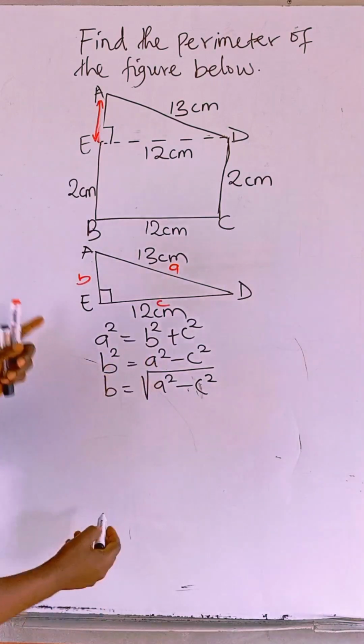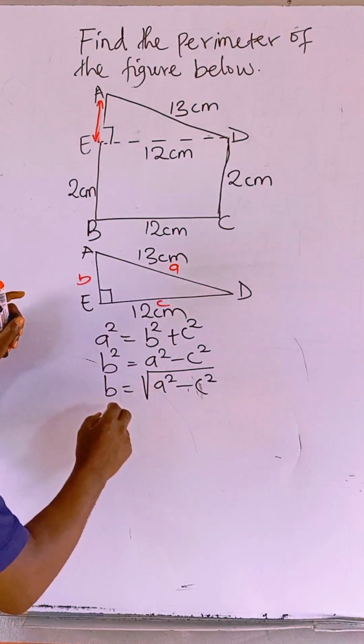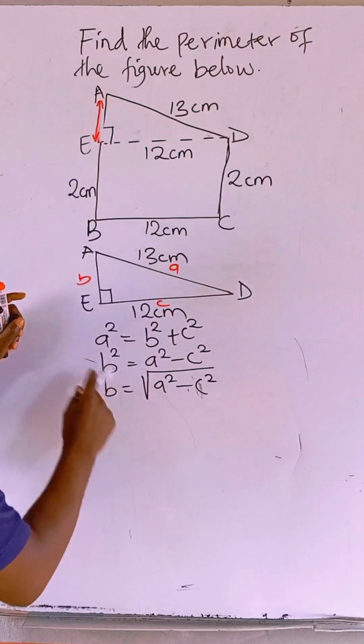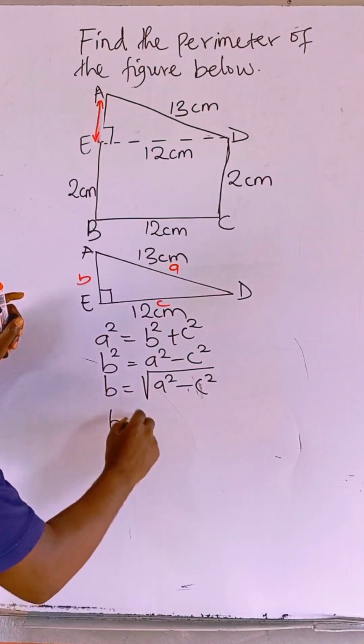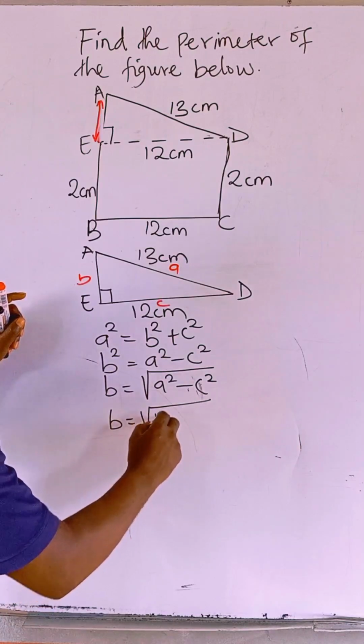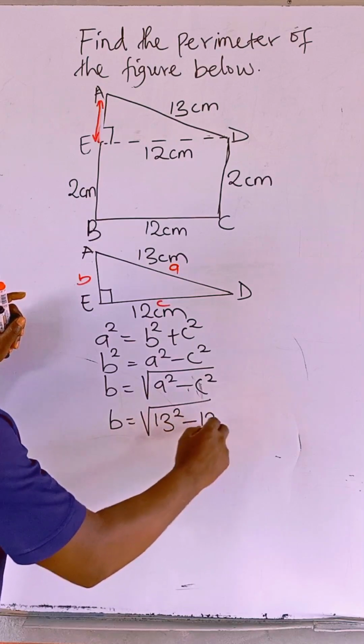So we substitute: B equals the square root of 13 squared minus 12 squared.